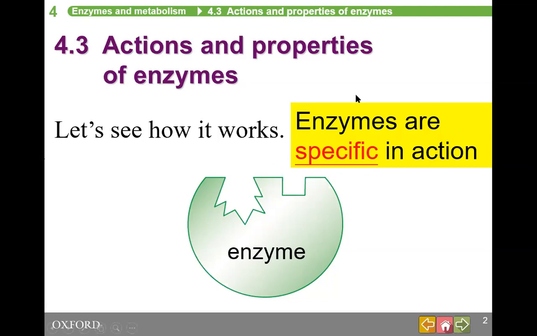OK，enzyme 佢哋嘅 action 係比較專一嘅，佢哋有一個專一性。enzyme 只能夠將一種或者某幾種嘅化學作用去加速，佢唔可以對好多種嘅化學作用去加速嘅。OK, so I say enzymes are specific in action.